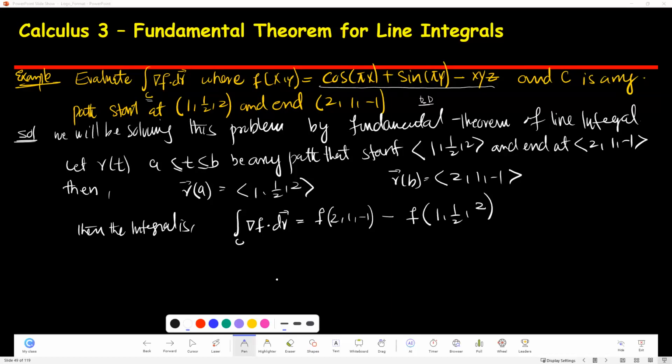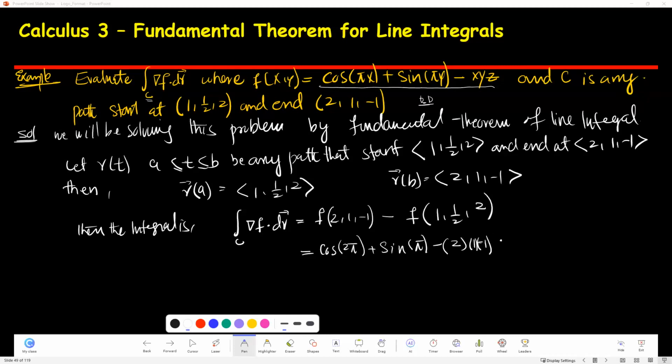Okay, so let's substitute. Wherever the x is, we're going to substitute 2. So cos 2 pi plus sine pi y, and y is 1, so it's going to be just pi, minus 2, and 1 and minus 1.